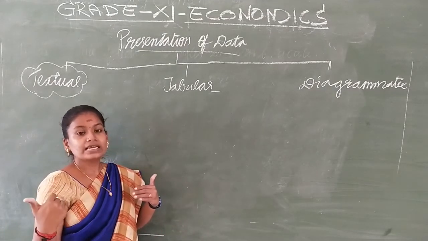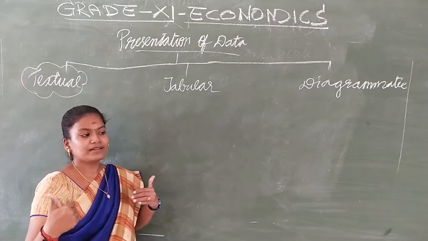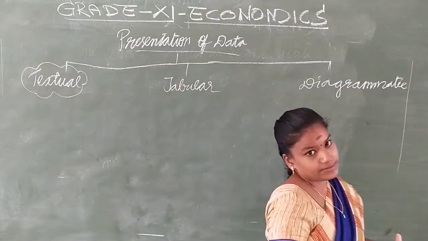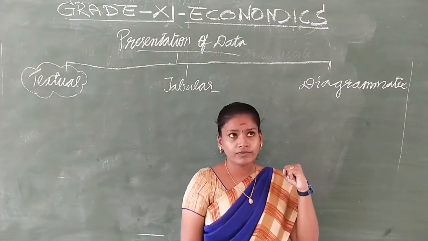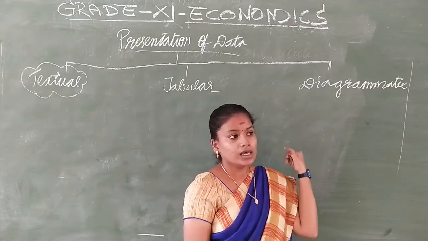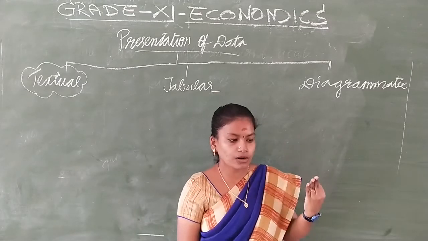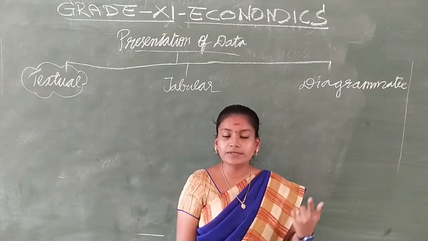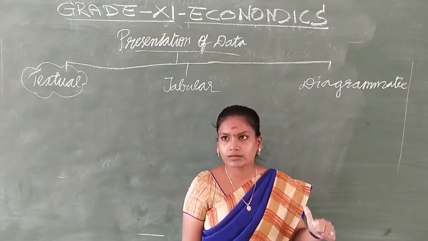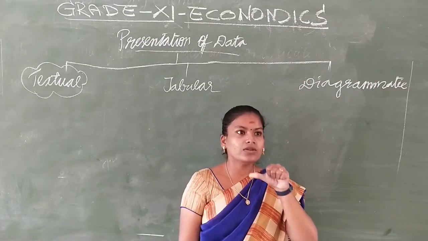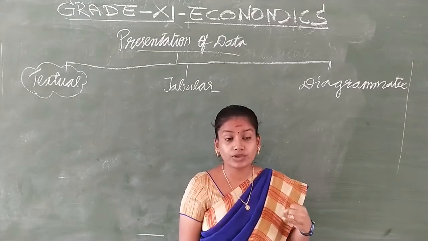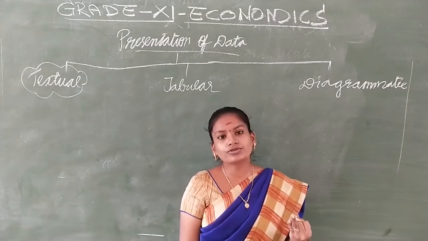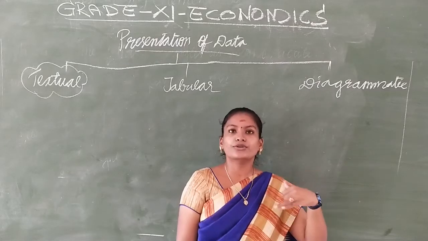And what are the various parts of a table? You have a table number, the title. We have spoken about captions or column headings, rows or stubs, then the body of the table, the main data, and then the unit of measurement, in which the unit is given. Then the note.